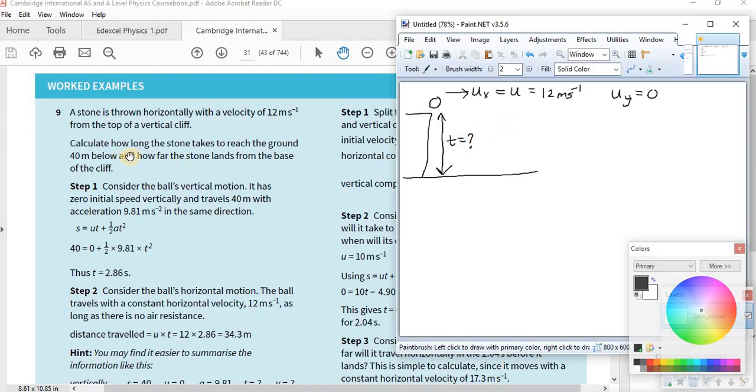So the ground is 40 meters below, so we can also label sy, in the y direction, as 40 meters, and how far the stone lands from the base of the cliff. So we are supposed to find sx also.